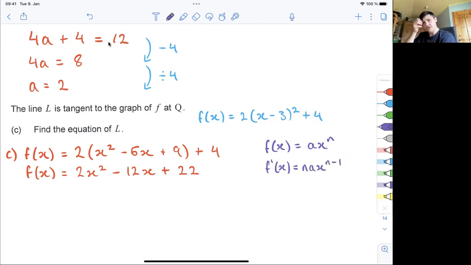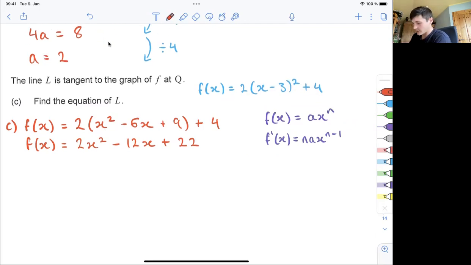All right, so it's a two-step process. You bring the n, the power, to the front, multiply that by the coefficient, and then you have to subtract 1 off the power. And then we do that to each term along the polynomial.